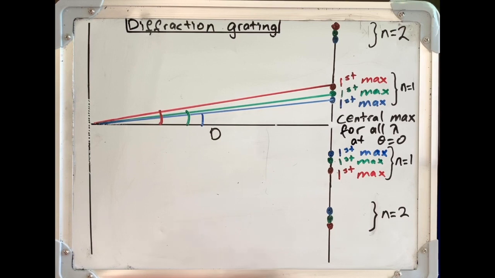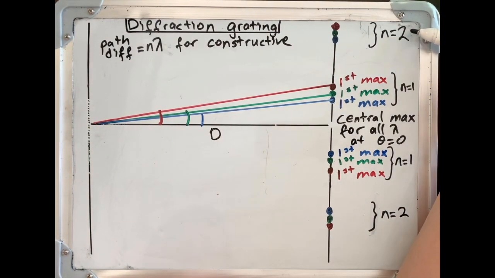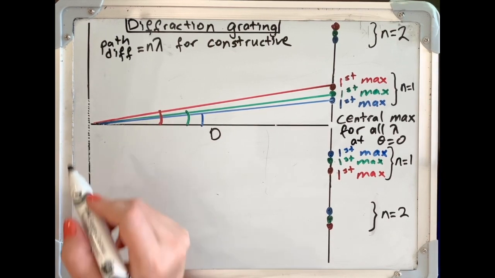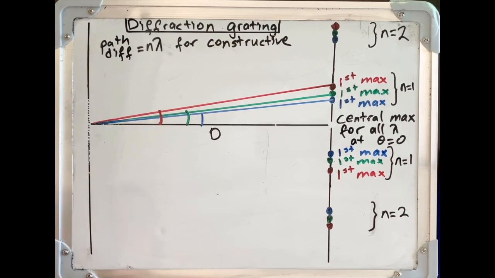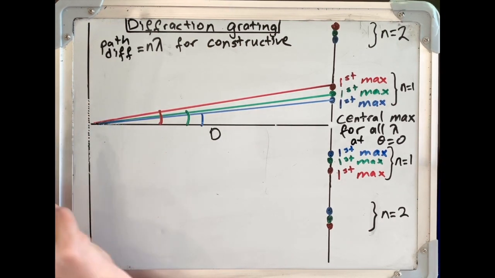We defined path difference as n lambda for constructive interference. For the first order, n would be 1. Second order, n would be 2. We defined d as the separation of the two sources. Now, here, the d will be the distance between each consecutive slit.